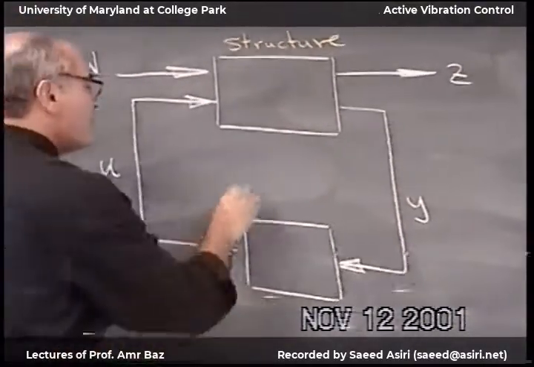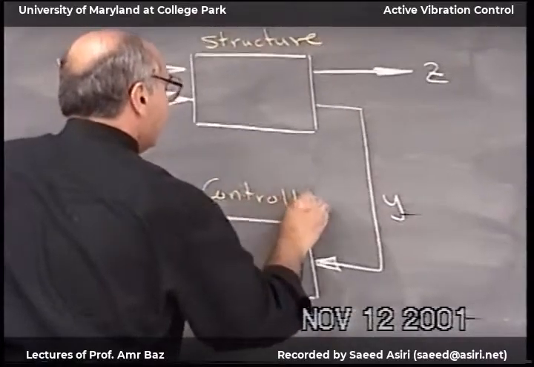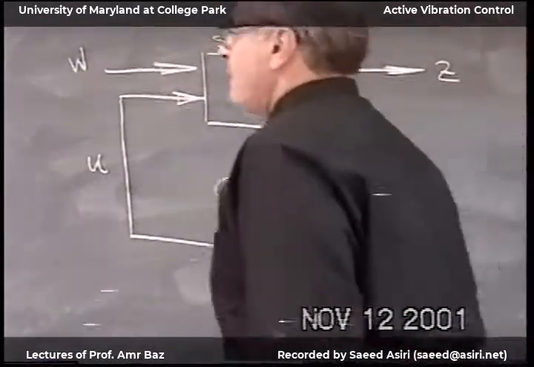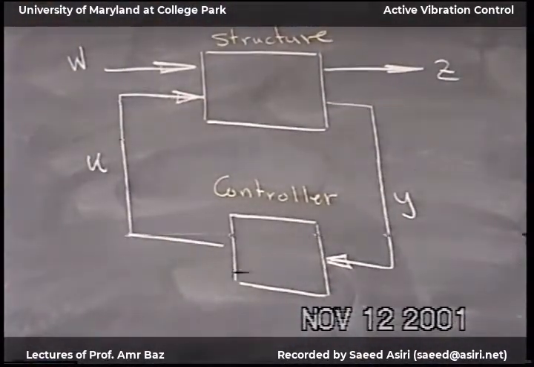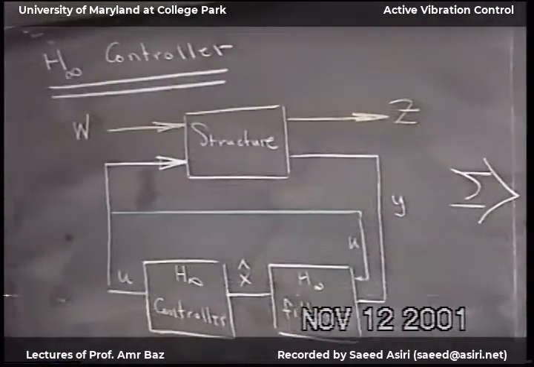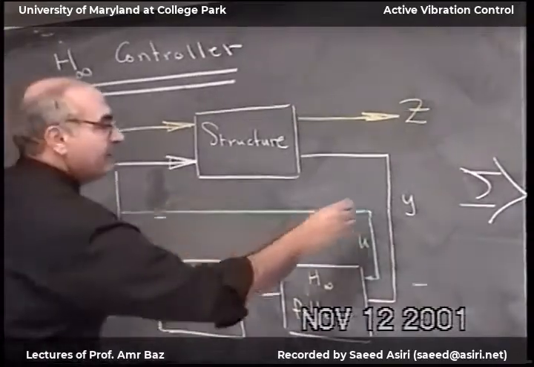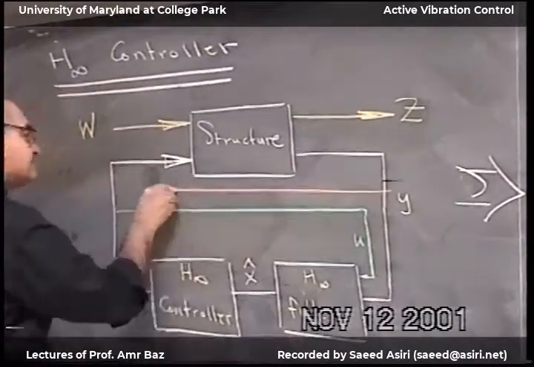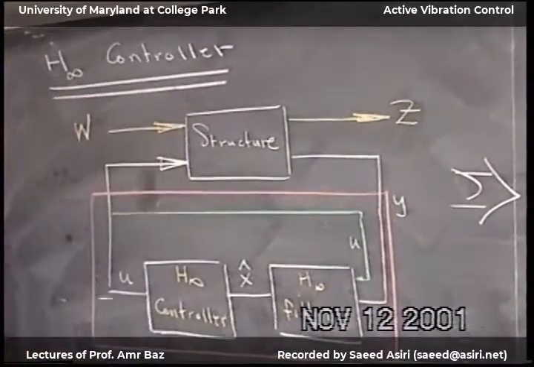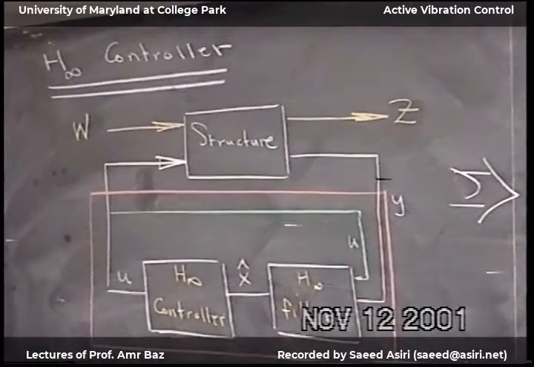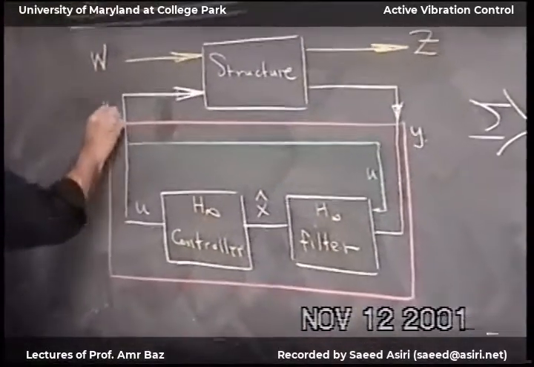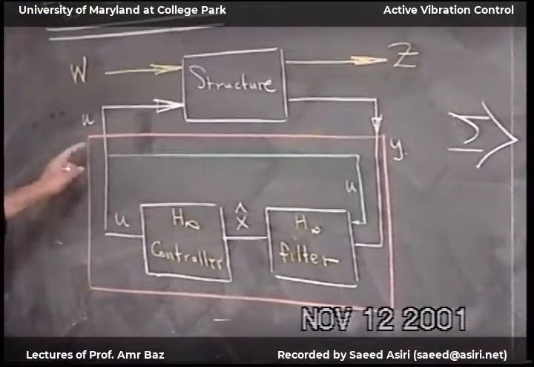And this is now my entire controller. Let me just make this green line here. Okay, now this little box that I have here, this box. I input to this box Y, and I get out of this box U. So this red box is right here.